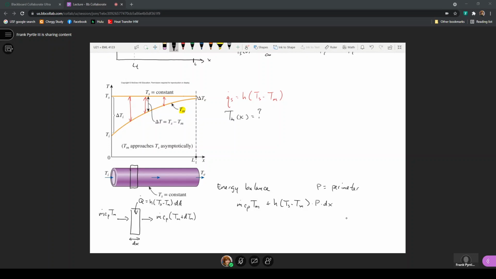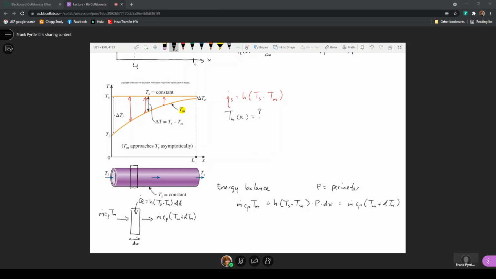So this is energy in with the enthalpy, energy in with the heat transfer by convection, and the energy out, which would be m dot C sub P times Tm plus dTm, where again, dTm is just a small change in the temperature due to the heat transfer that comes in through this very small surface area.